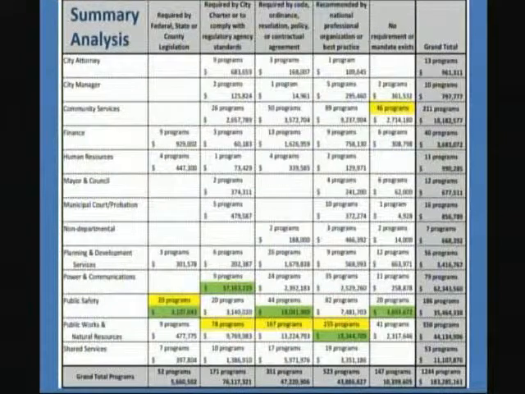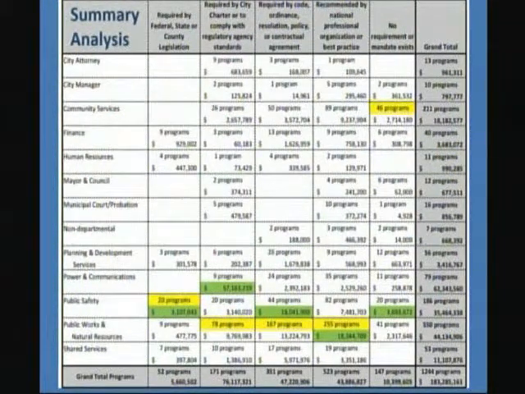So starting, let's say, down in finance, there are 9 programs that are mandated, and it's for a total of $929,000. So as you go across, what we've highlighted in yellow under each column is which of those departments has the highest number of programs underneath that mandate level. And then in green is the highest budget amount in each mandate level.